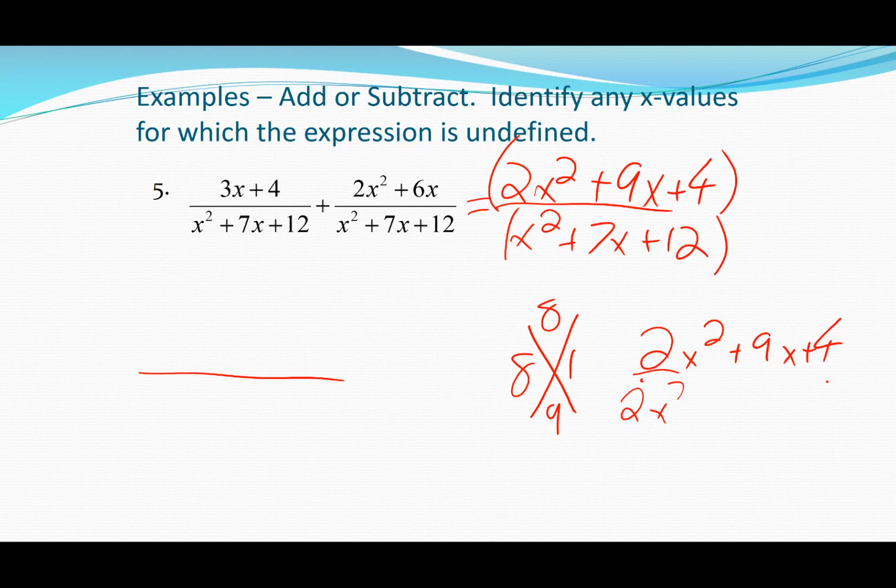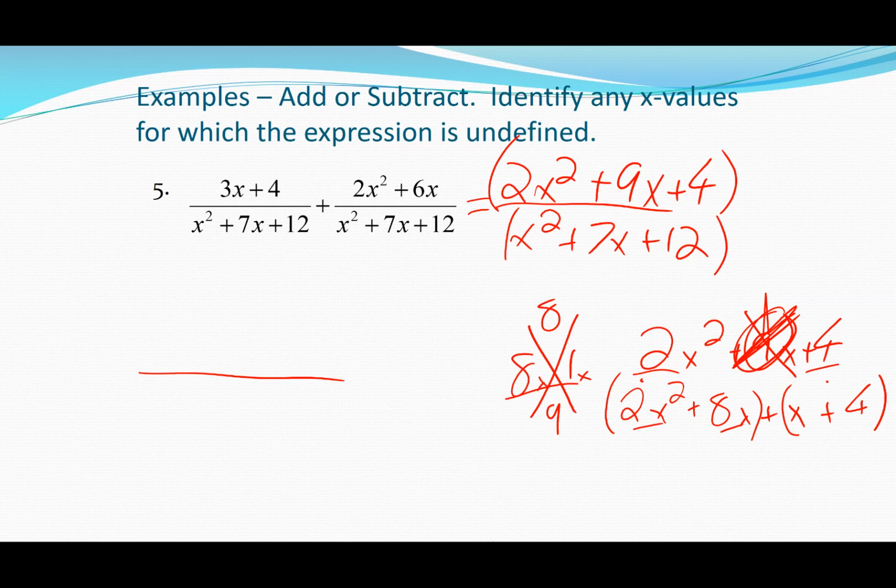So it means take 2x squared, replace the plus 9x with those two numbers, plus 8x plus 1x. I'll rewrite this as plus 8x plus x. And then at the end, don't forget the plus 4 at the end. So remember, you're just changing this middle term. And then you factor by grouping. So the first group has a 2x in common.